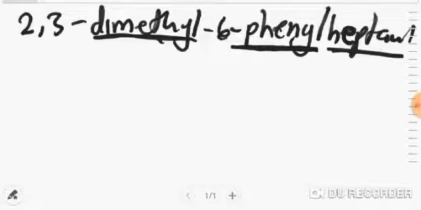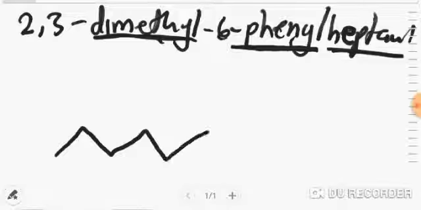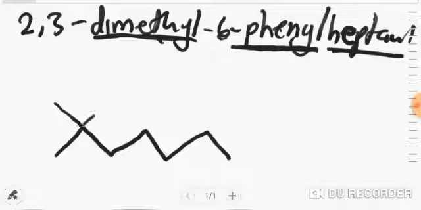So let's start with the parent name. The parent name is a heptane, which means we have 7 carbon atoms. So on position number 2, we have a dimethyl.